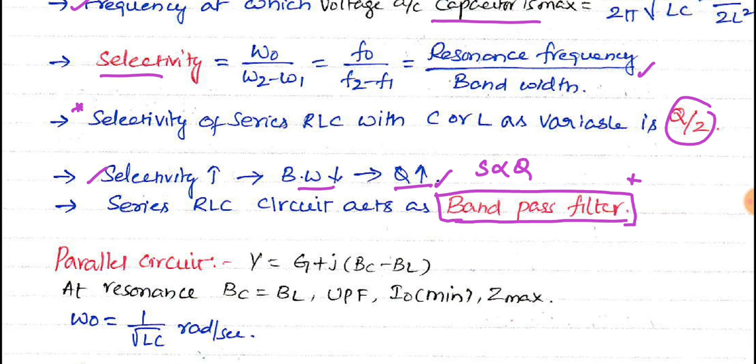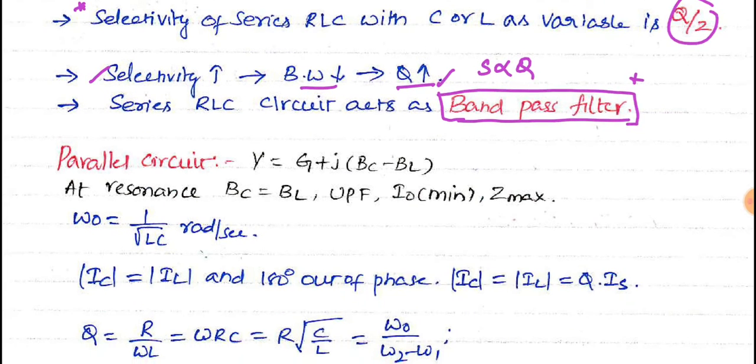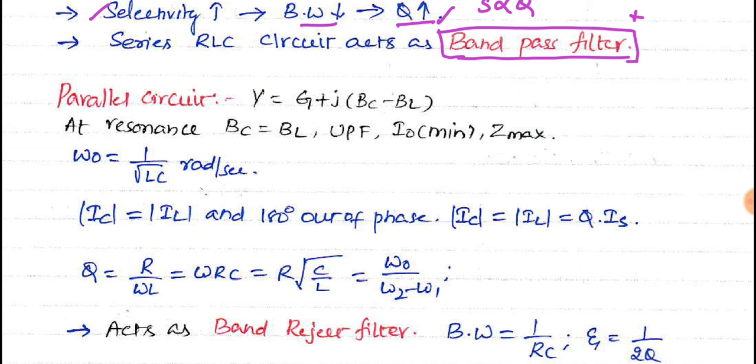Now, what points have we learned here? There is a similar kind of explanation for the parallel circuit, but some terms are exactly opposite. In a series circuit we talked about Z, the impedance.